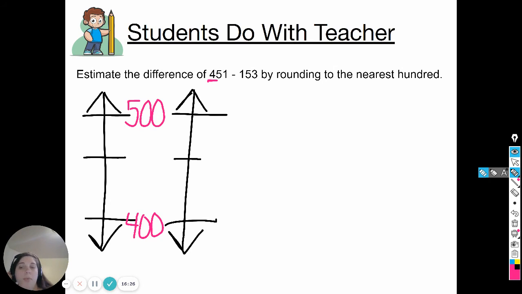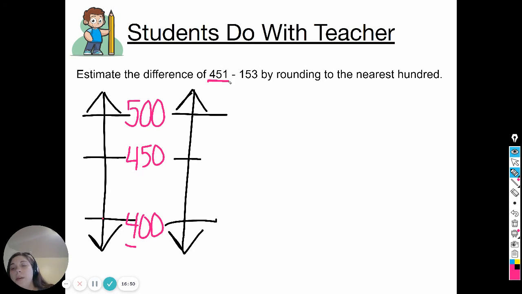Okay, for our halfway point, we're going to keep our 4. End with a 50. And let's go ahead and find where our point is.